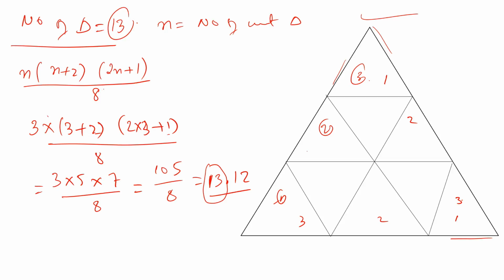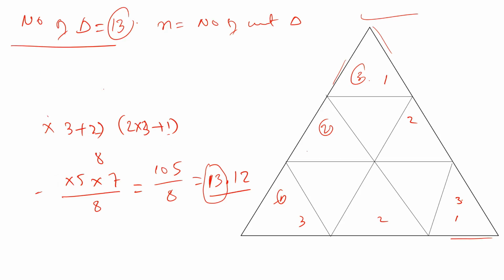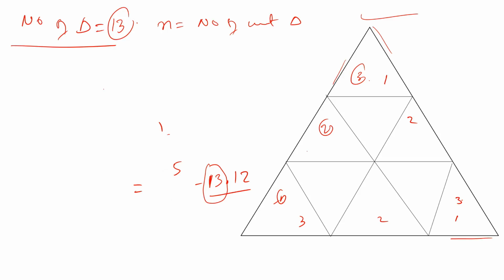Or we can also use another trick of counting the number of triangles, if we cannot use this formula. So the trick is, first we have to count the number of triangles formed by the sides of this bigger triangle. So the number here is 1, 2, 3.